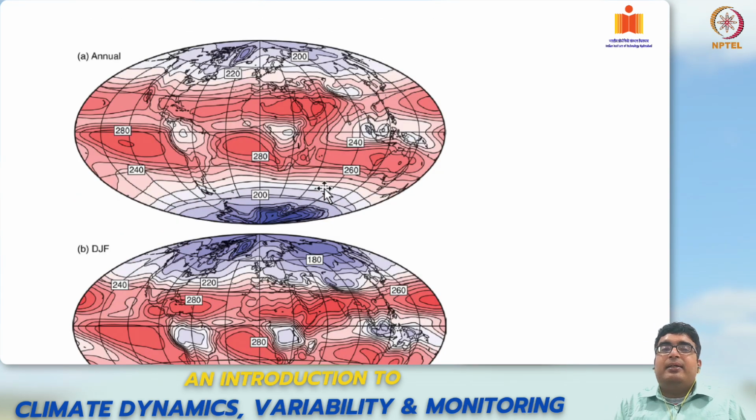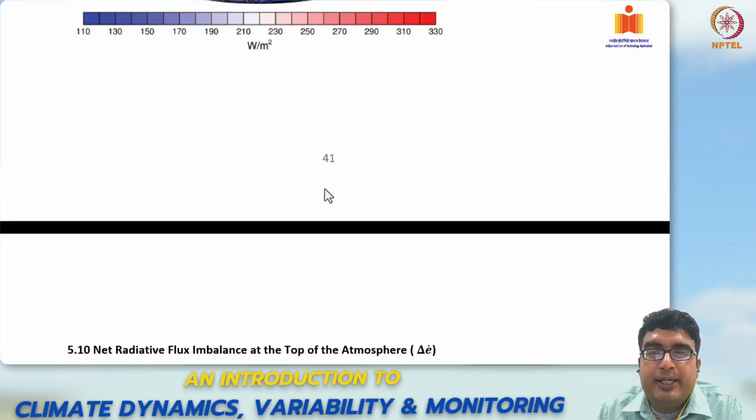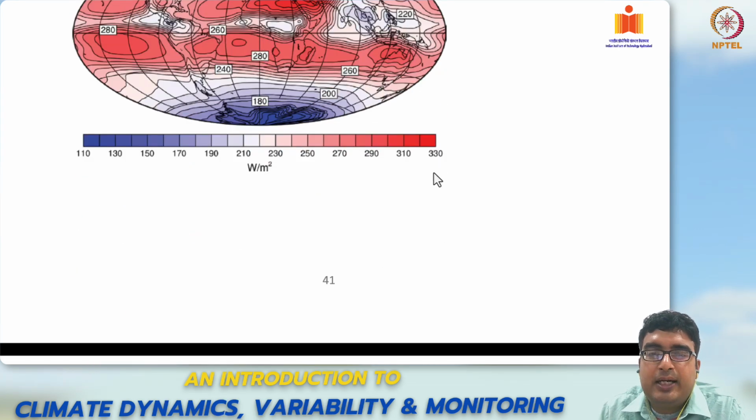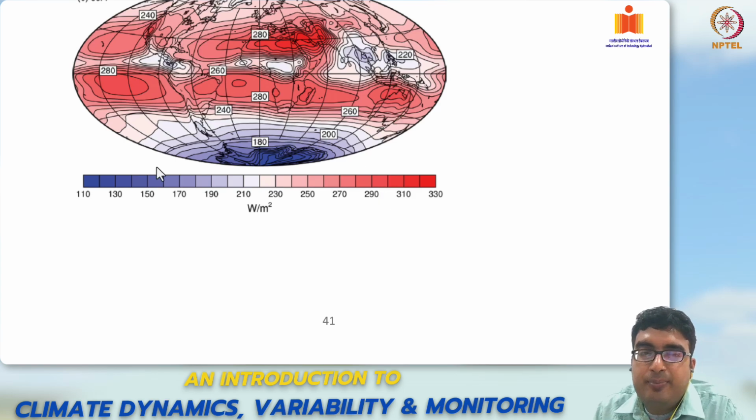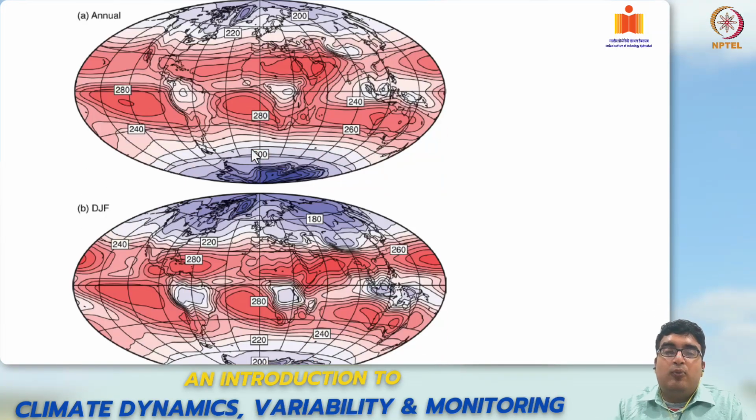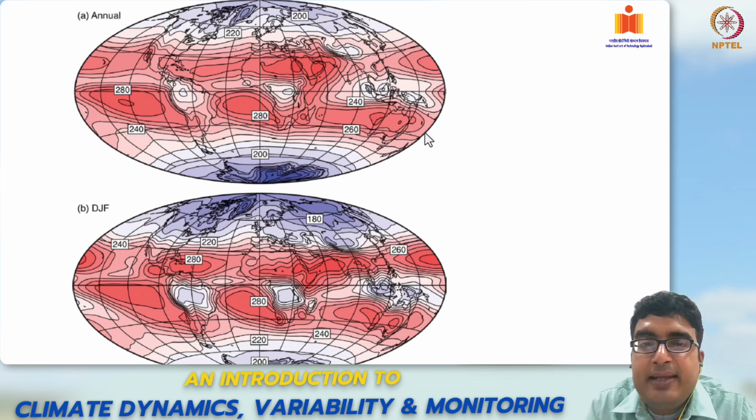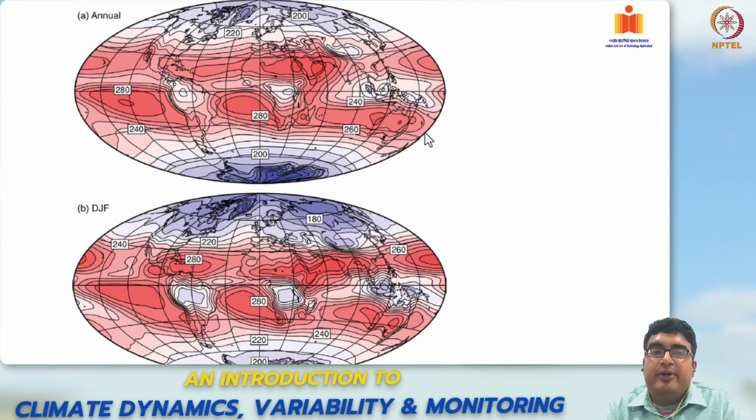If you look at the places where you are getting large outgoing thermal radiation, red is large and blue is small, you will once again see that the subtropical oceans between 10 degrees and 30 degrees north and 10 degrees and 30 degrees south have very large values of outgoing thermal radiation.